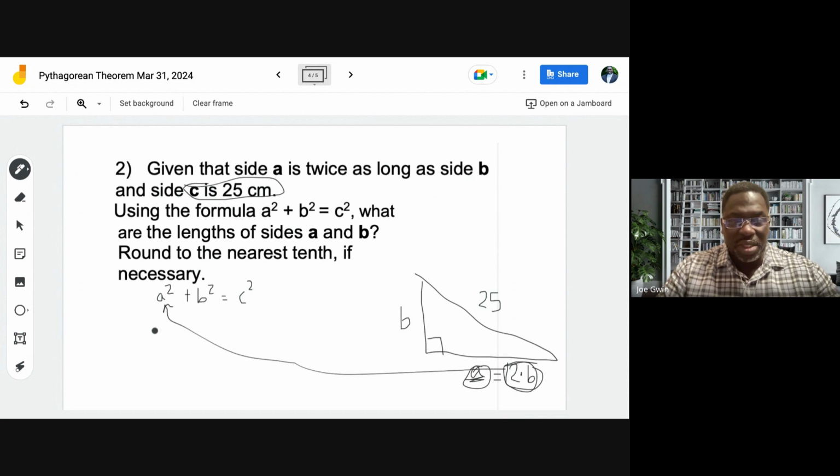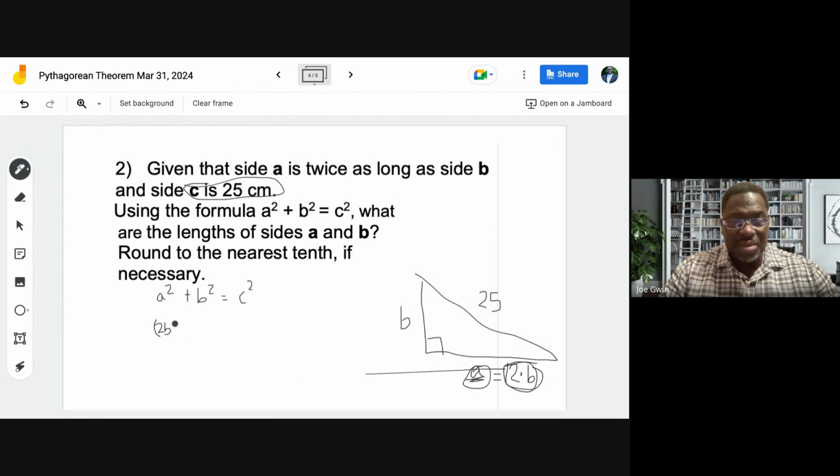I'm going to put 2B in parentheses because you're inputting a value. I'm going to erase this line here so you can see what's going on. Then I close the parentheses.